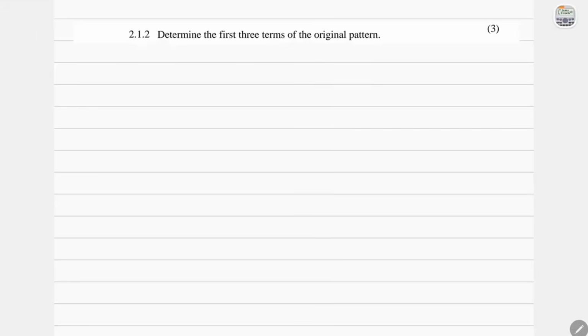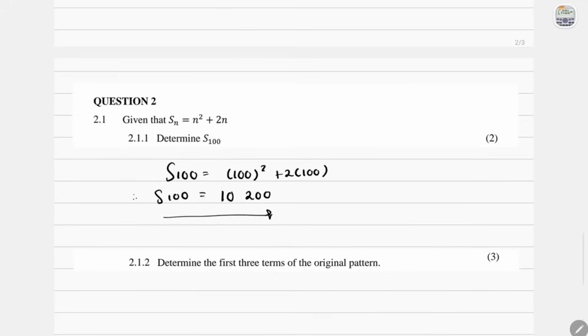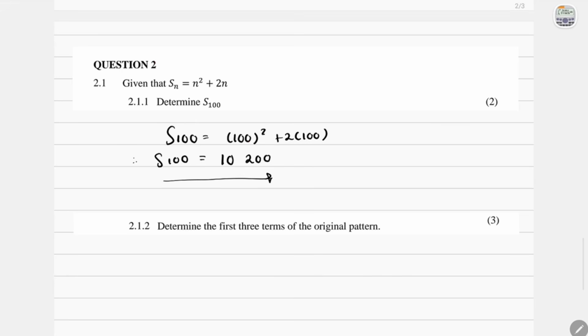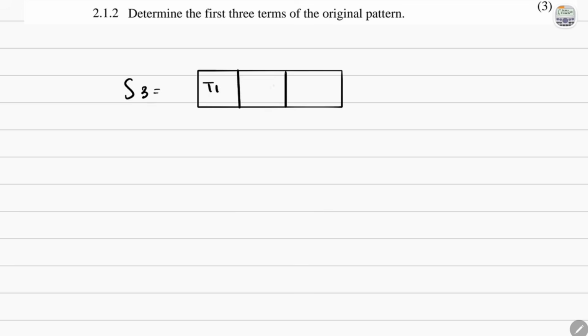Question 2.1.2 says, determine the first 3 terms of the original pattern. Okay, so they want us to use the sum formula to find the first 3 terms. Here's how we can find term values, even if we just have the sum formula. Think about it like this. If we had the sum of three terms, just think about what this is made up of. The sum of the first three terms is made up of term 1 plus term 2 plus term 3.